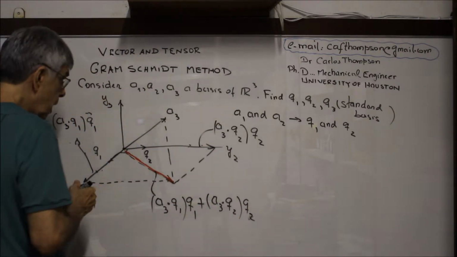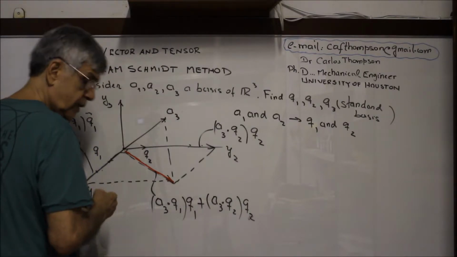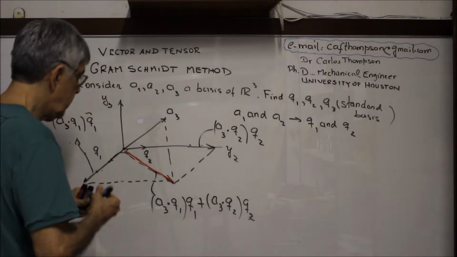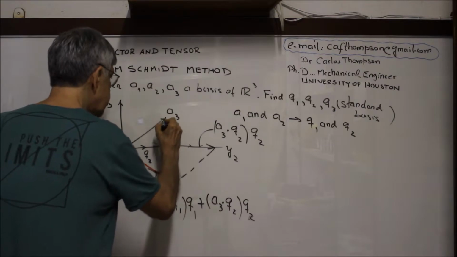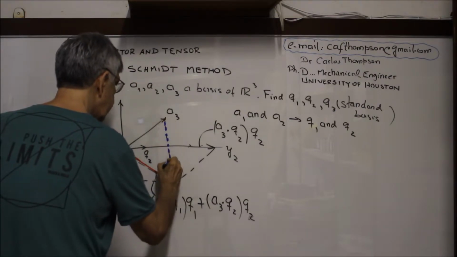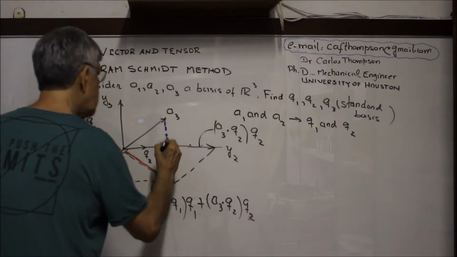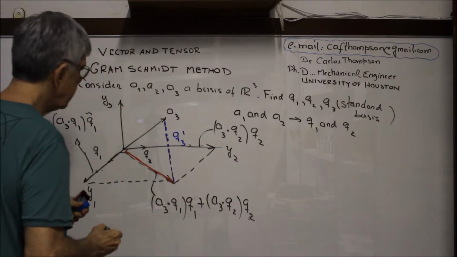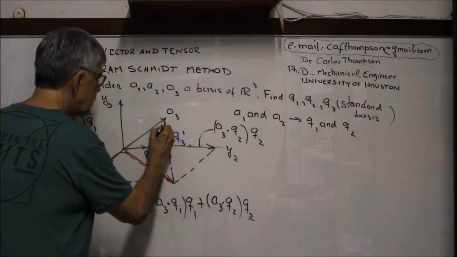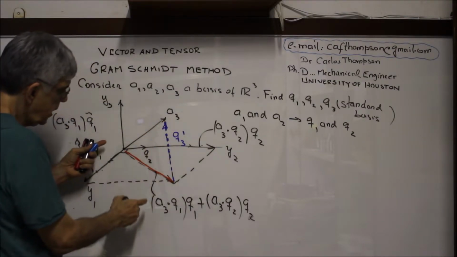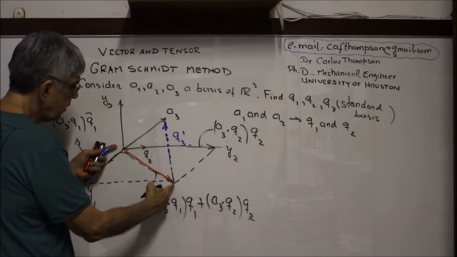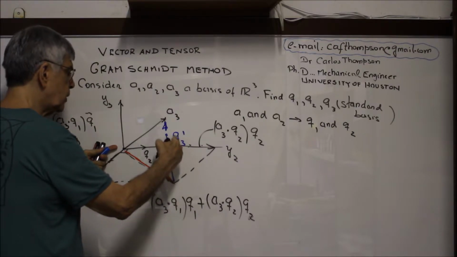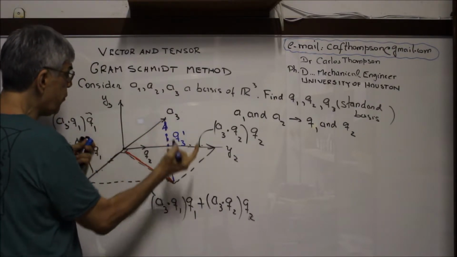Now, you see this vertical line here, I'll call it Q3 prime. It's quite clear. Look. This vector plus Q3 prime is equal to A3.